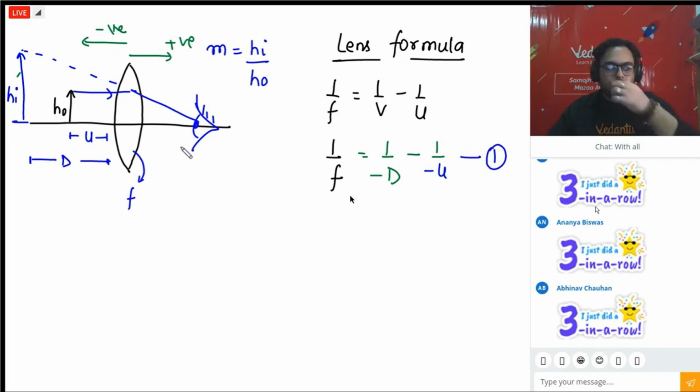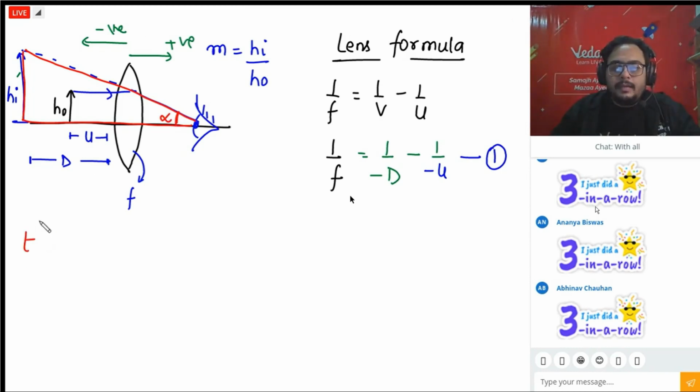Now let us look at this. Basically, the angle that the image is forming on the eye. So look at this triangle, the red triangle that I am making. Let me say this angle is alpha. Can you tell me tan alpha?